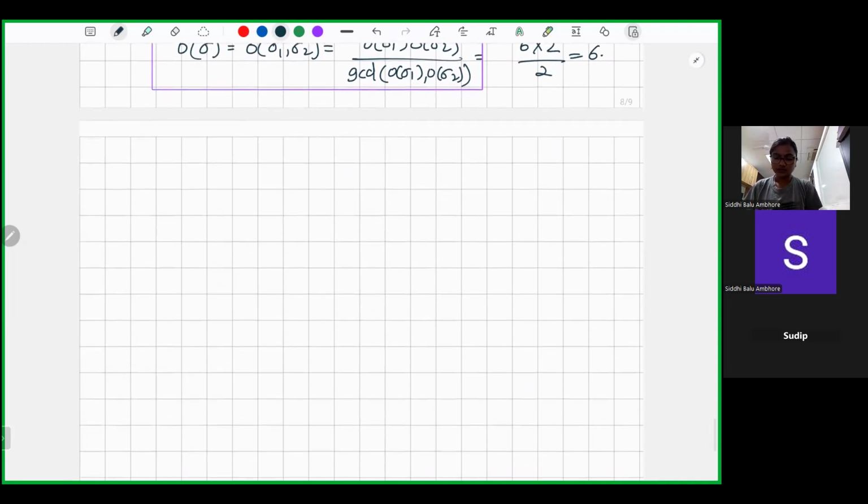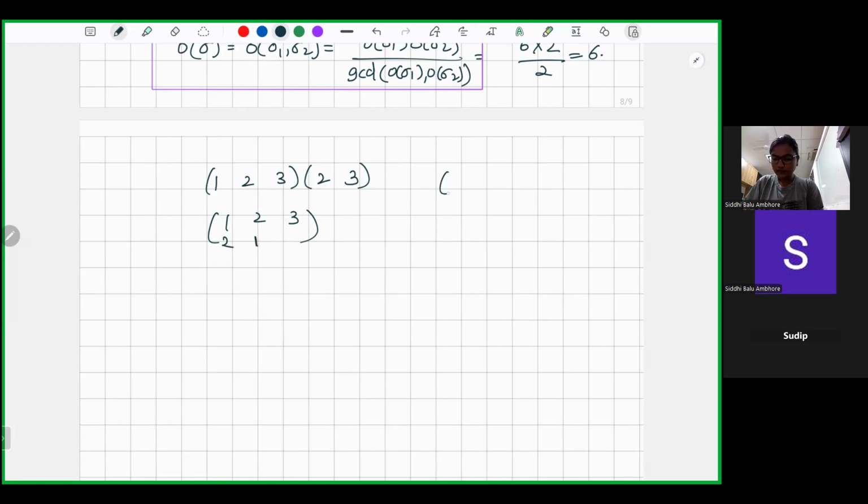Let us try to do that. For example, I don't know whether this example will work, but let us try. This (1, 2, 3), and if I do this (2, 3), then this will be 2 going to 3, 3 going to 2. 1 is fixed here, 1 is going to 2, 2 going to 3, 3 going to 1.